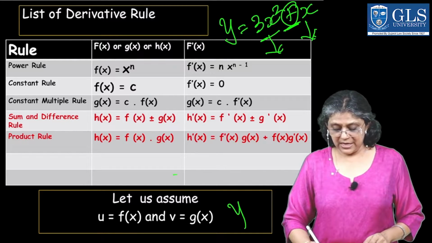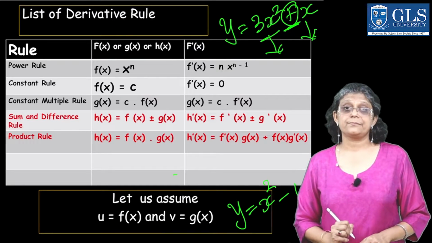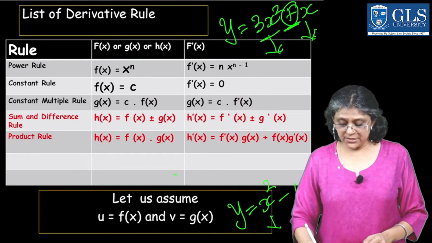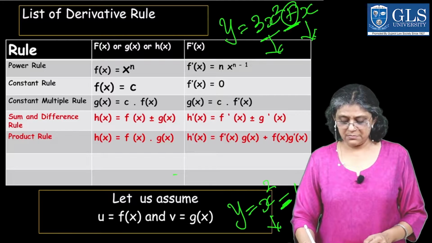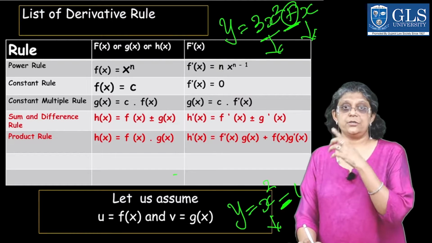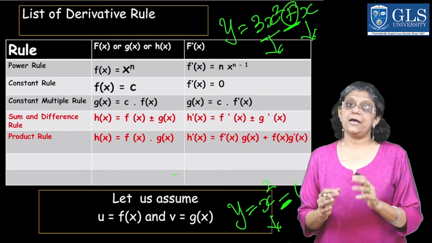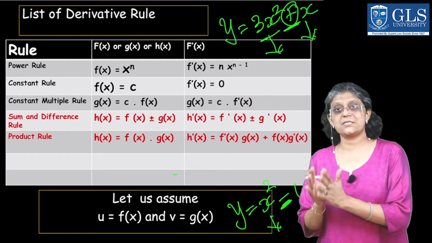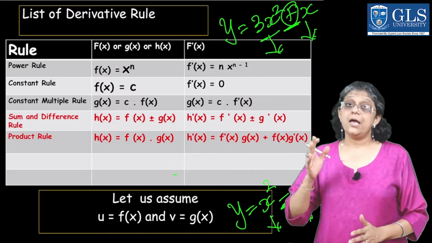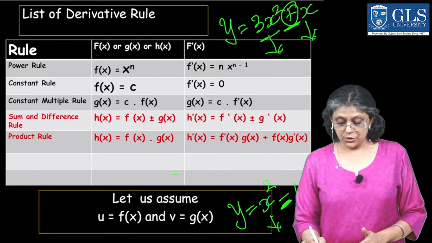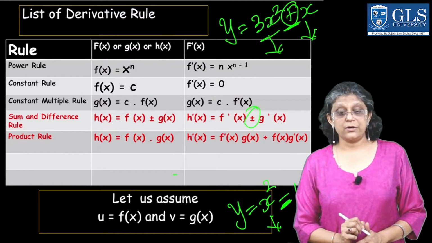In the same way I can have y is equal to x square minus 4. This is my first term, this is my second term, and this is my minus operation. So in a given equation, in functions that we have studied, we have either plus, minus, scalar or multiplication as well as division. So first we are taking the individual terms.